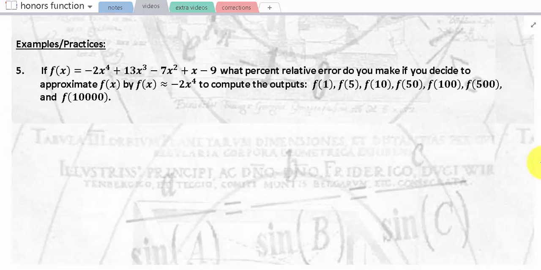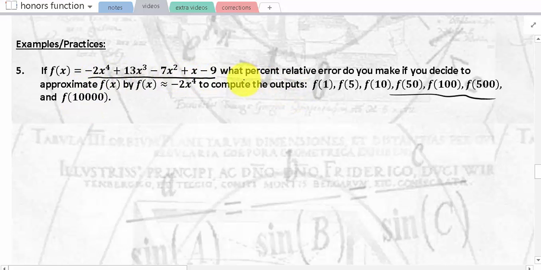Let me show you how to use that in math. So in this last example, by the way, you'll have to finish the other cases. In this last example, I'm taking a function, it's a degree 4 polynomial, and I'm asking you, what error do I make if I decide, instead of using the whole function right here, I'm only using the leading term, okay?